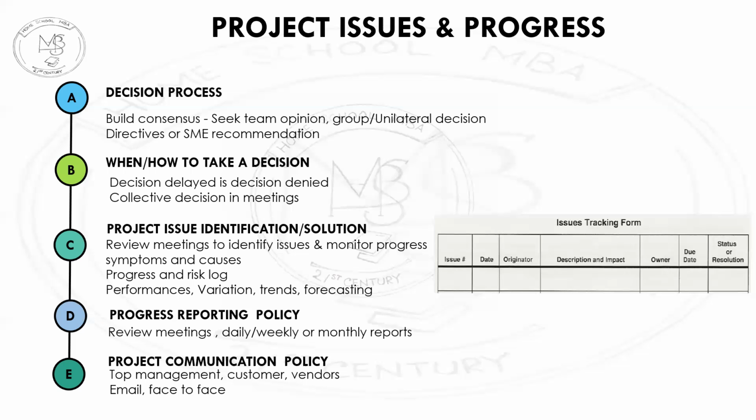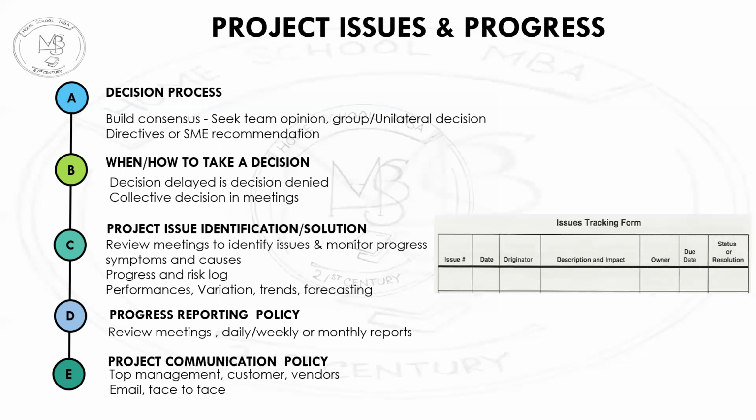This process is divided into five different categories, which you have very well listed: decision process, build consensus, seek team opinion, group or united decision, directives or SME recommendations.